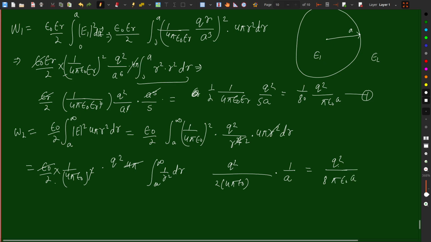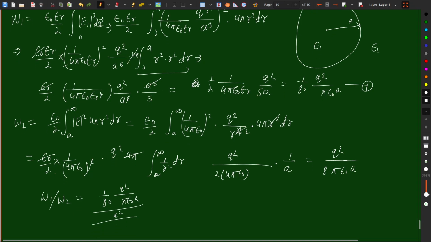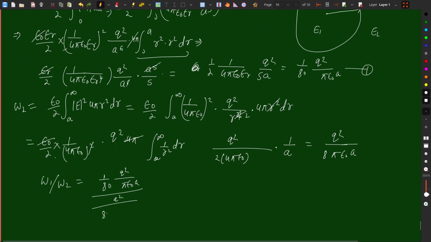Now take the ratio of W1 divided by W2. So 1 over 80 Q square over pi epsilon naught a, divided by Q square over 8 pi epsilon naught a.